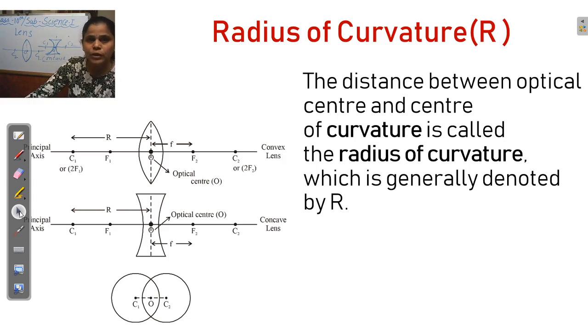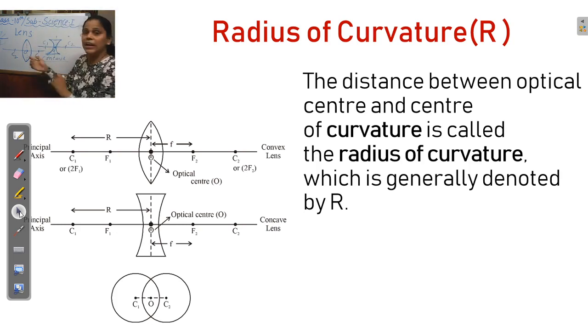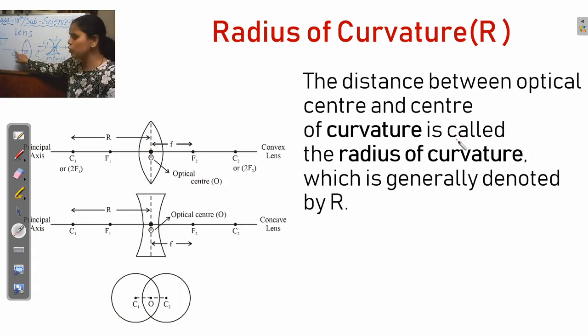You know what a radius is? The radius of a circle means this line. These are the radii of circles. Similarly, the radius of curvature is denoted by R. It is the distance between the optical center O and the center of curvature.